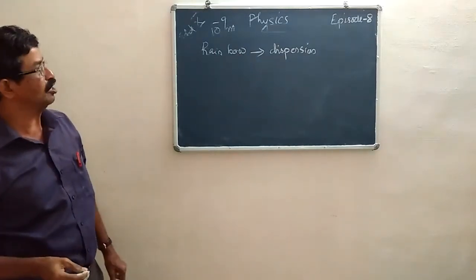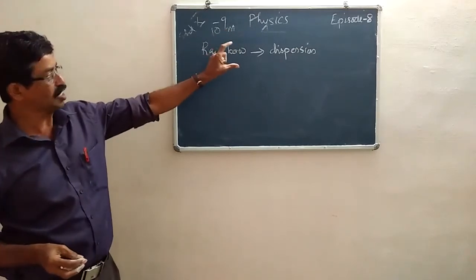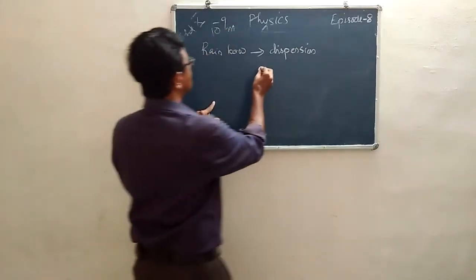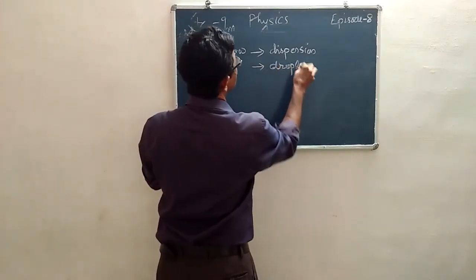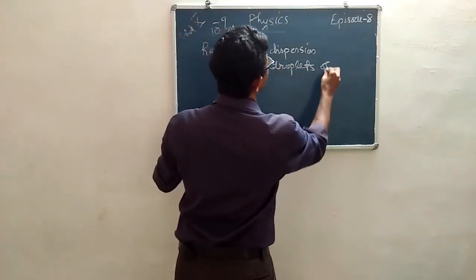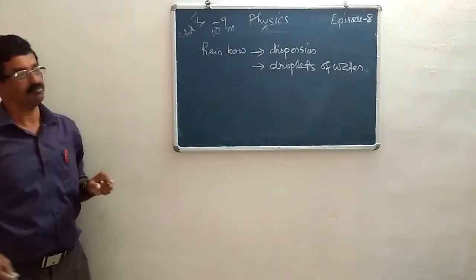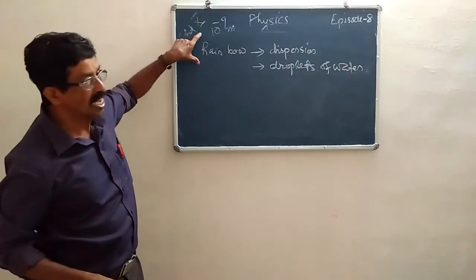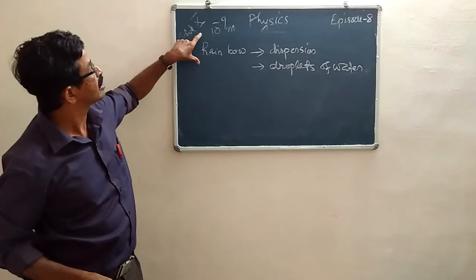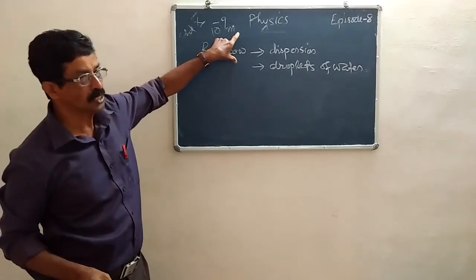Just after rain, after the rain shower, the atmosphere is filled with droplets of water. When sunlight falls on these droplets of water, dispersion happens.